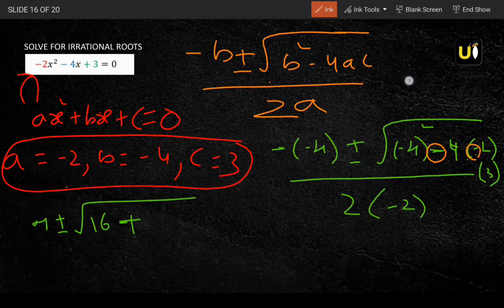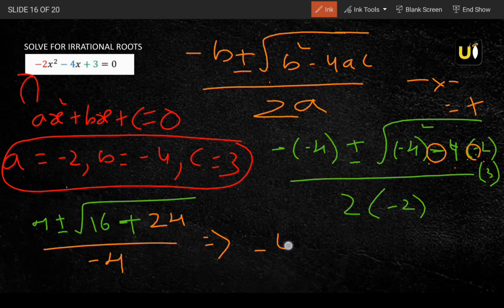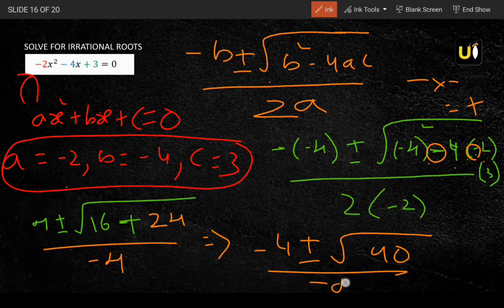So minus into minus will become plus. So here we'll get plus 4 into 2 is 8, 8 into 3 is 24, by minus 4. So that means minus 4 plus or minus 40 by minus 4.